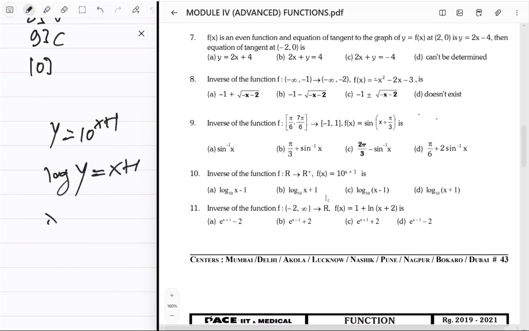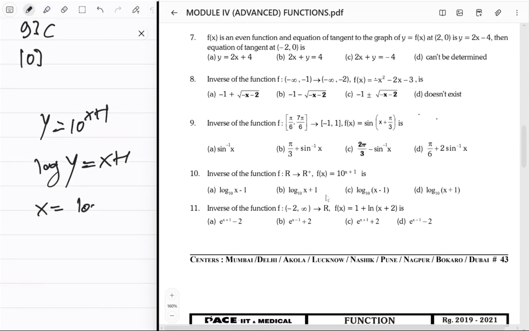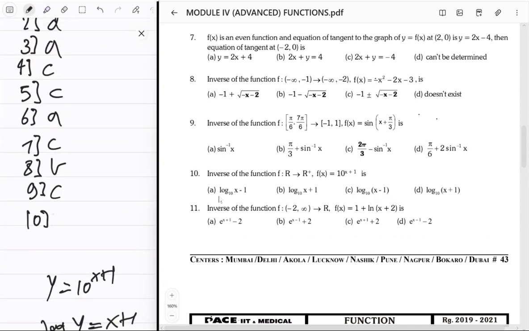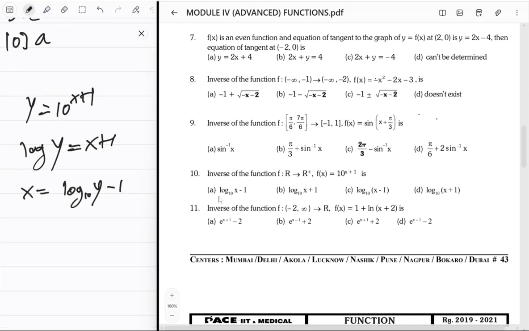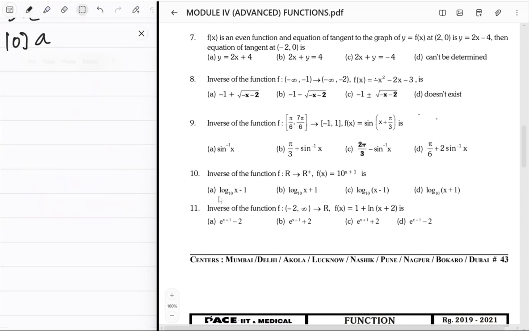So x must be log base 10 of y minus 1. That's the only thing. Cool. That should be the thing. So I guess this one, A. Cool. Next. This was much easier than I expected.